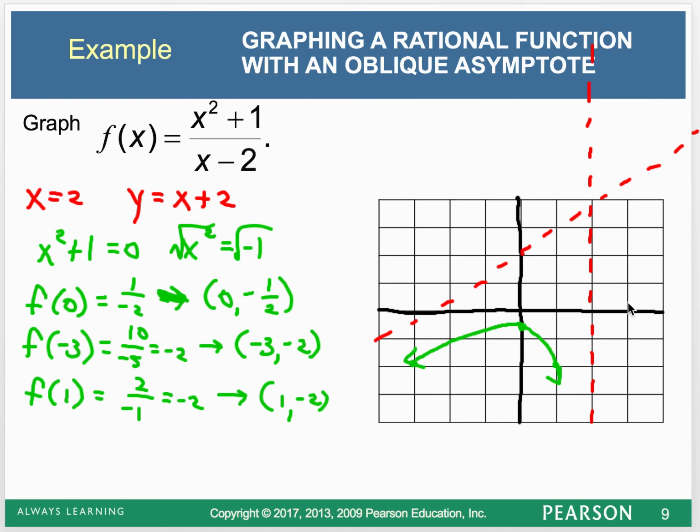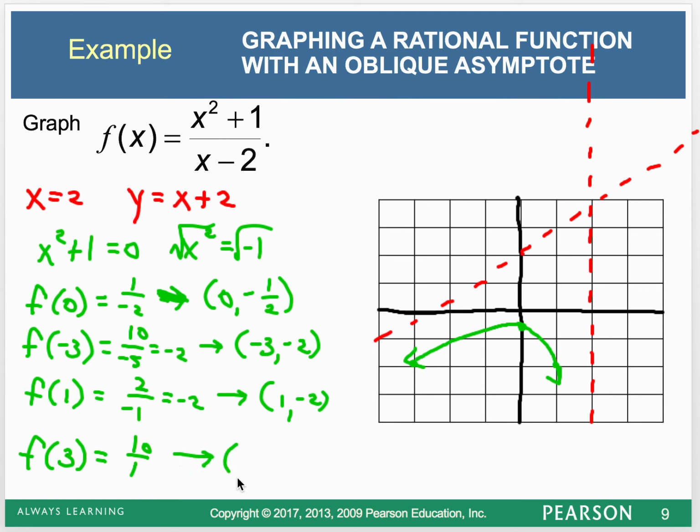Okay, and then I need one more point. Because I know it's either going to just be voom or voom. Okay, and actually I know it's going to be up here because it can't cross that, right? We already said it can't cross that, so it's just going to be up here. My question is just where? So f of 3 is 9 plus 1 is 10. 3 minus 2 is 1.